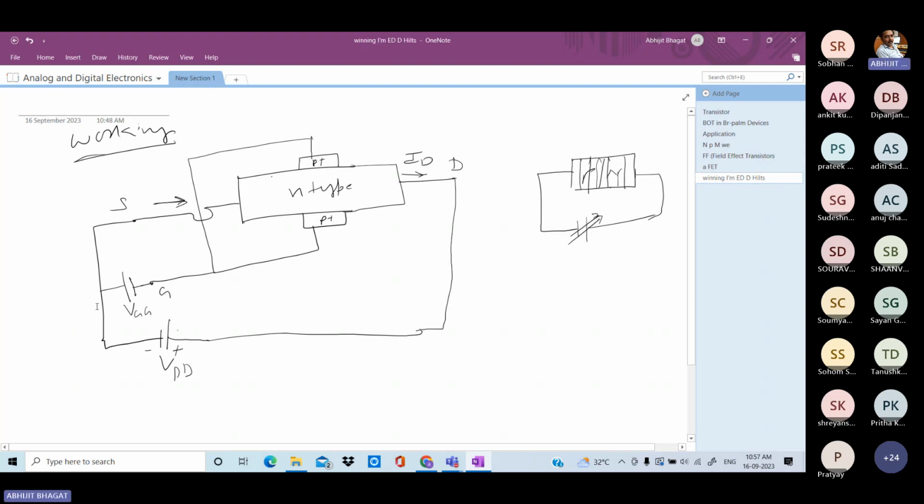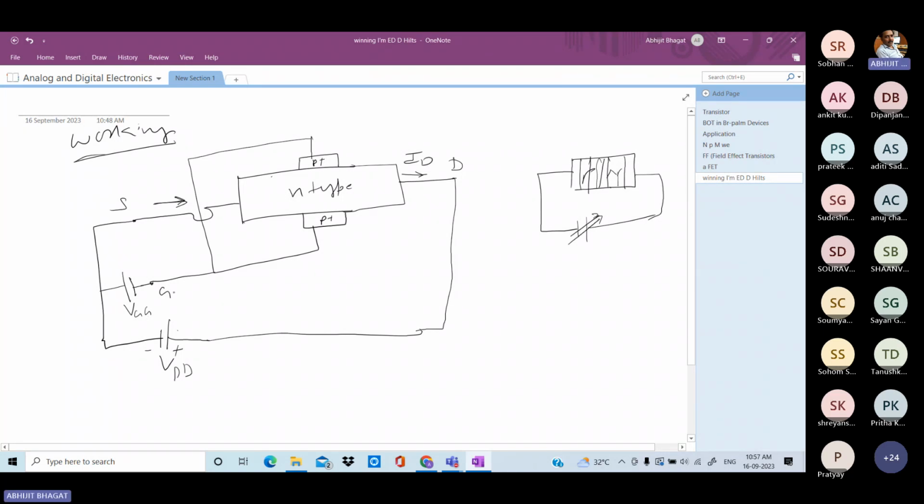Now, when you increase this reverse voltage, here this is P type and this is N type, and it acts as a PN junction. This is the P side, this is the N side, this is the N side, this is the P side. So this acts as a PN junction.